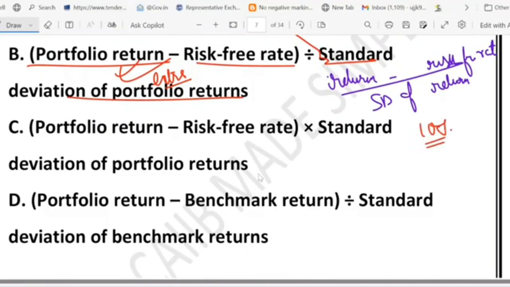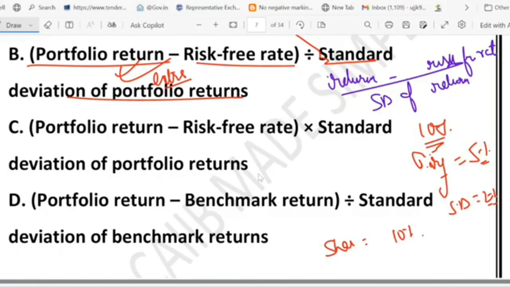Suppose your portfolio gives 10% and suppose the risk-free rate is 5%. Okay, and the standard deviation is suppose 2%. So what is the Sharpe ratio? 10% is your return. Then you subtract the risk-free rate, which is 5%. 10% minus 5%, and you divide it by the standard deviation, which is 2%.